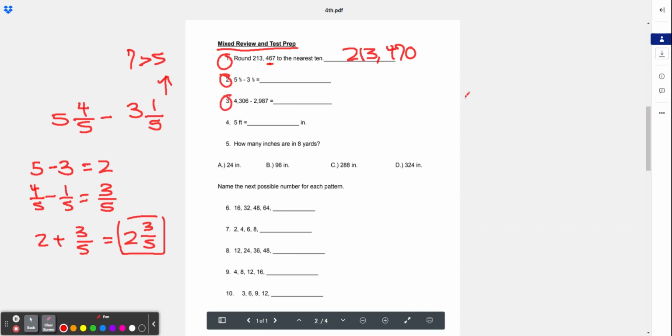Now let's try 3. 4,306 minus 2,987. 6 is less than 7. And we're going to borrow from 0.